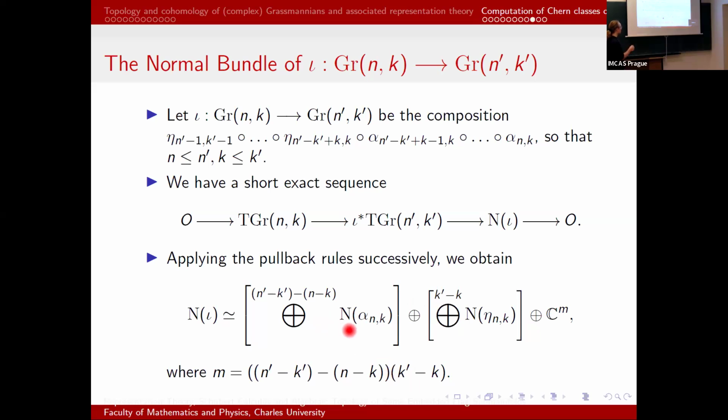The number of the vertical normal bundles, n prime minus k prime minus k, is exactly the number of steps we needed to take down in the lattice, and the difference k prime minus k is exactly the number of steps we took in the direction to the right in the Grassmannian lattice when doing the embedding iota.